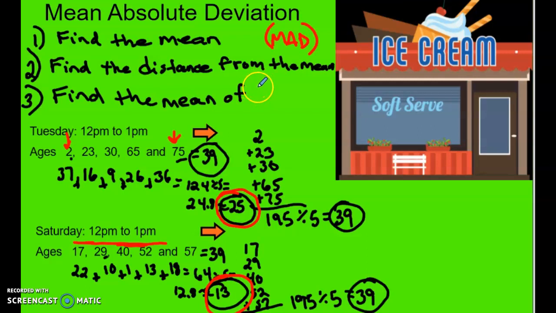The second step is to find the distance, so you subtract and find the distance from the mean. So we'll continue writing the third step. You want to find the mean of the distances that you just found. And you put those 3 steps together and you have found the mean absolute deviation.